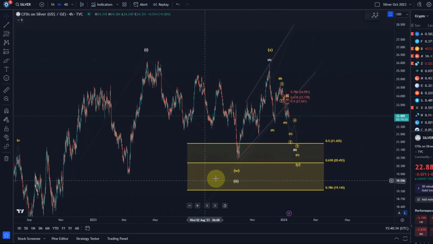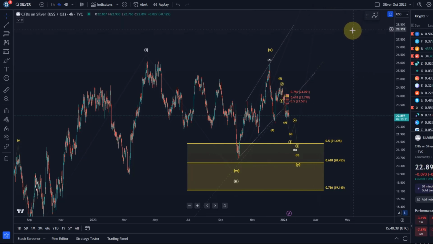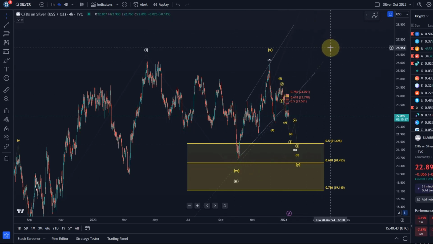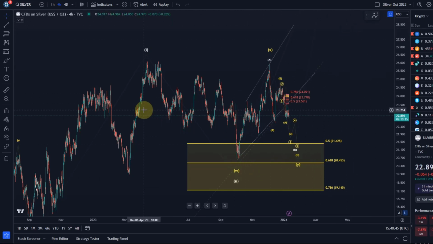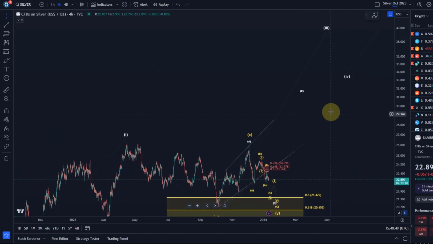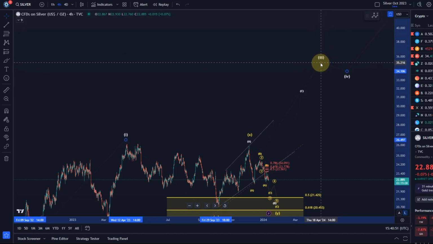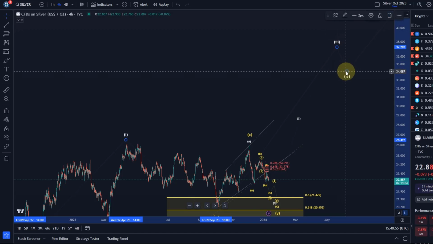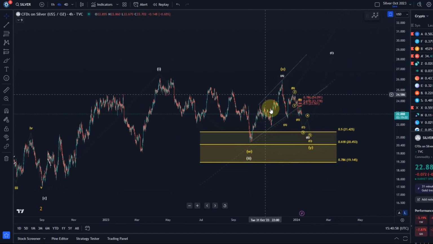But until then, I'm looking for a third wave rally that could unfold here in line with what gold is doing. That would be very bullish on the silver chart, which could take us to $30 and beyond. The main problem I have, and I consider it more and more, is that this structure looks somewhat similar to what we have on the gold chart, the messiness here.